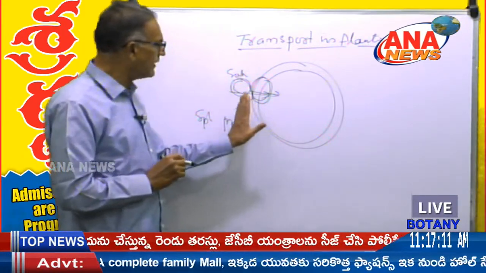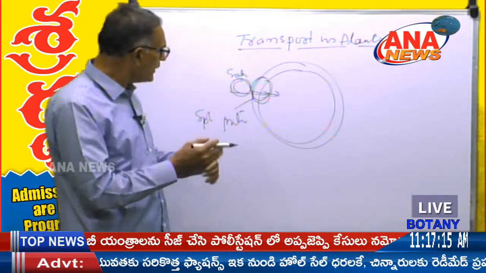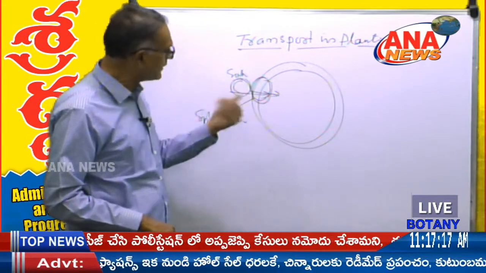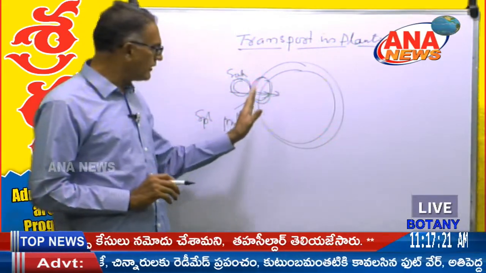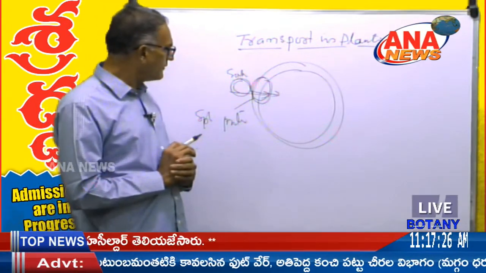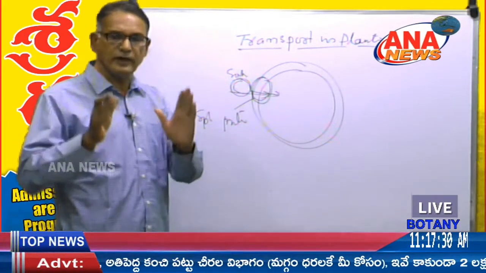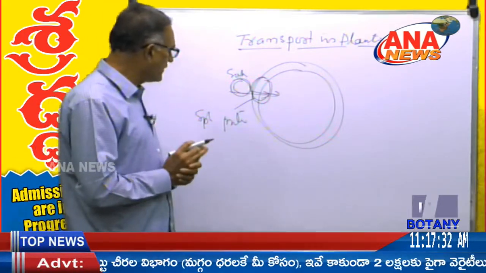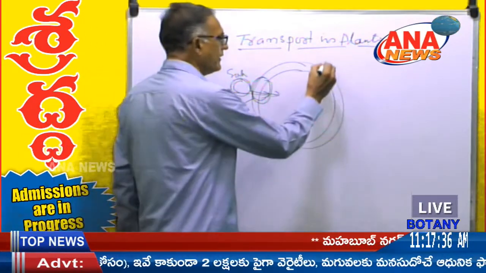For this purpose, there is no need of an additional concentration gradient. Why? Because the concentration gradient is already established. The diffusion of the substances through the special proteins in the membrane is called facilitated diffusion.